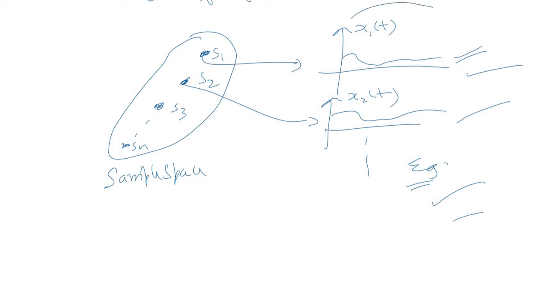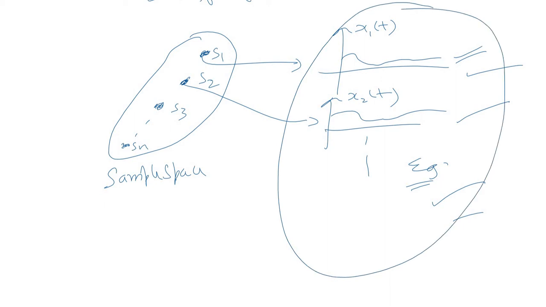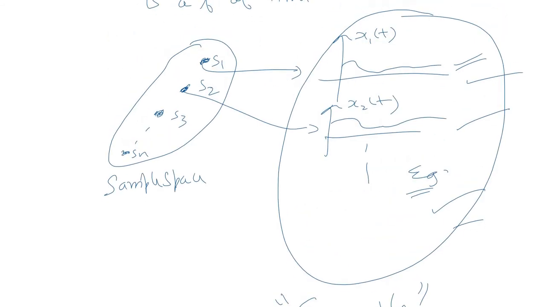Such a large collection of these time domain representations of sample points is known as an ensemble. We call this collectively an ensemble.